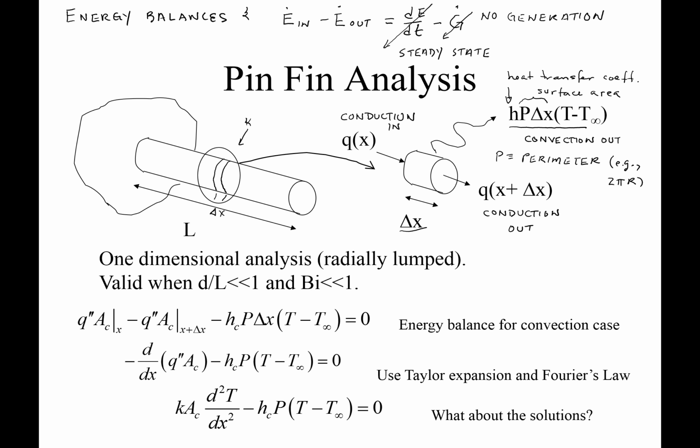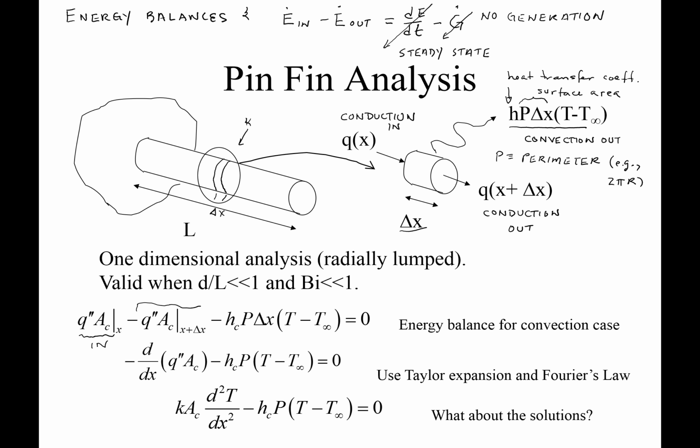So when we put this into our balance equation, we have our in term, this q double prime A_c delta X. Let's erase that so we clearly see it. So this is in. Notice that we are working with fluxes times area. So flux times area in, and out, there are two terms out.